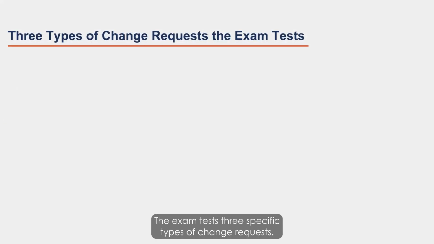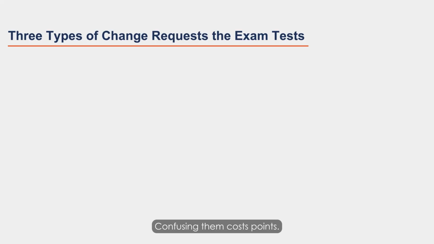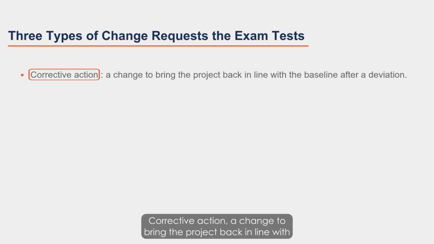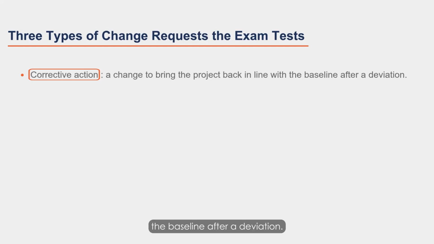The exam tests 3 specific types of change requests. Confusing them costs points. Corrective action, a change to bring the project back in line with the baseline after a deviation. Project is behind schedule. Corrective action recovers it. Responds to a past deviation.